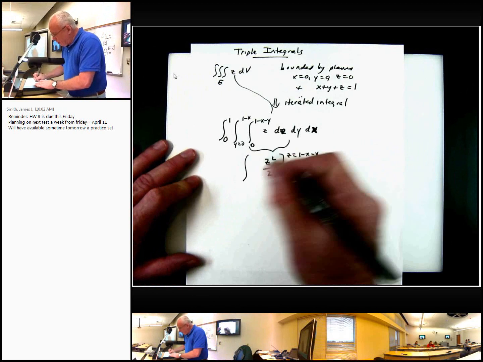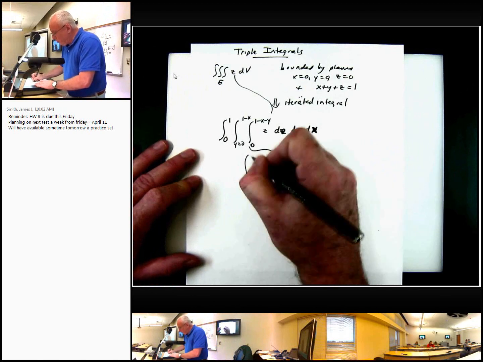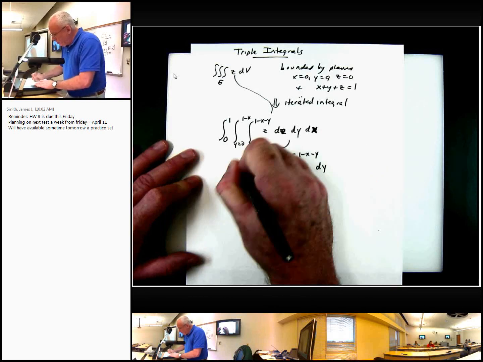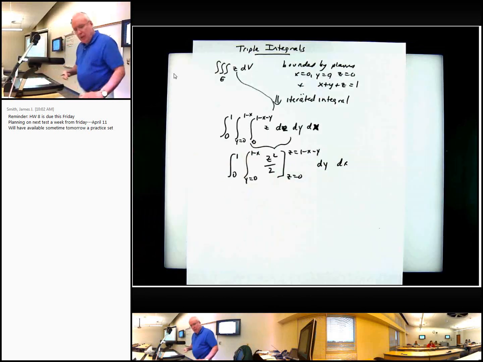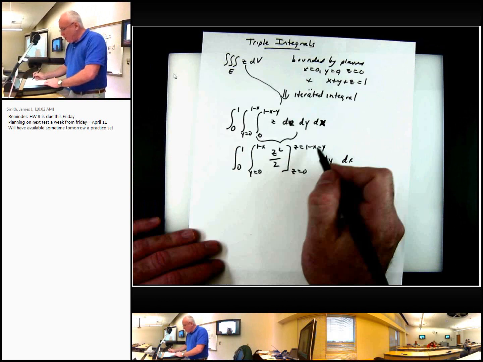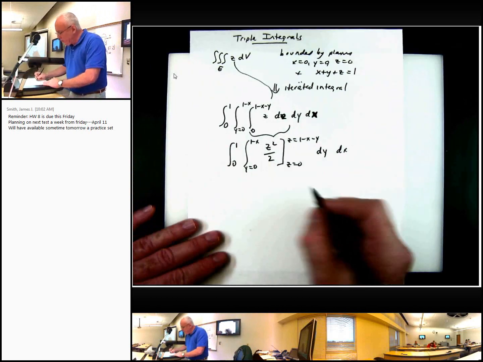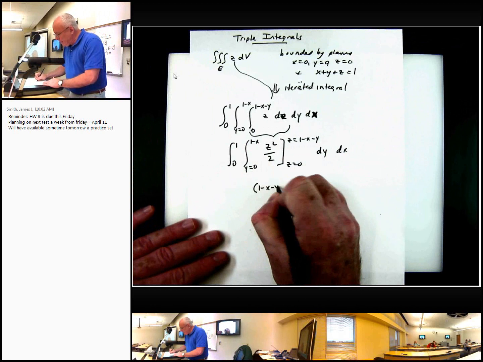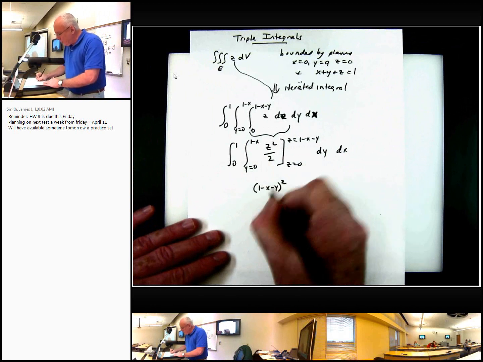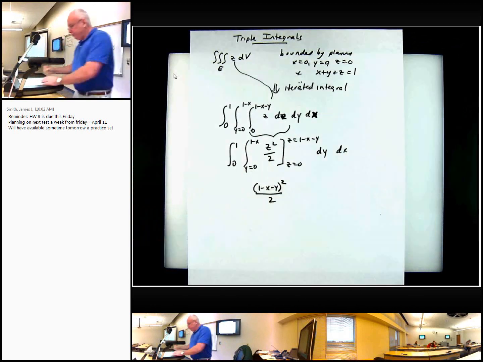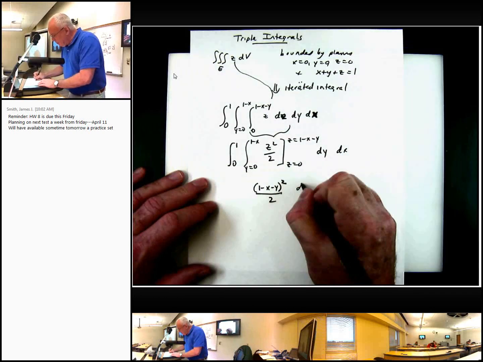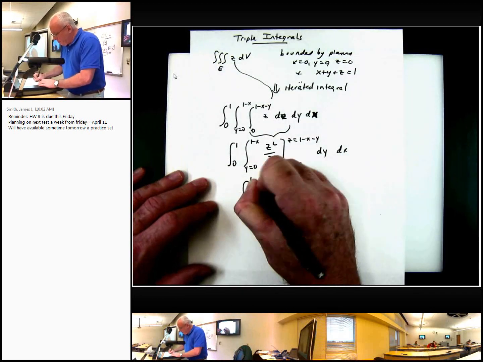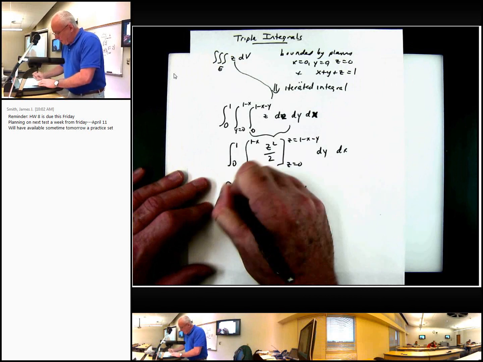Let's put our other integrals here, y equals 0 to 1 minus x, and then x goes from 0 to 1. Here we plug in our values. Our bottom value is 0. The top value is, in parentheses, 1 minus x minus y squared all over 2, and that's going to be integrated with respect to y, y equals 0 to 1 minus x, and then x from 0 to 1 dx.